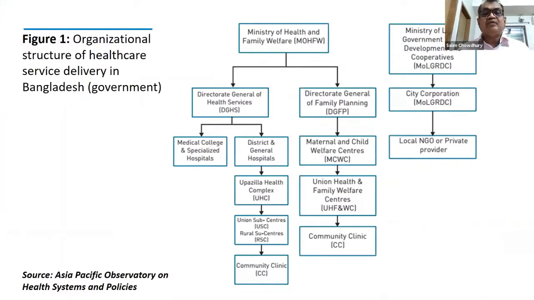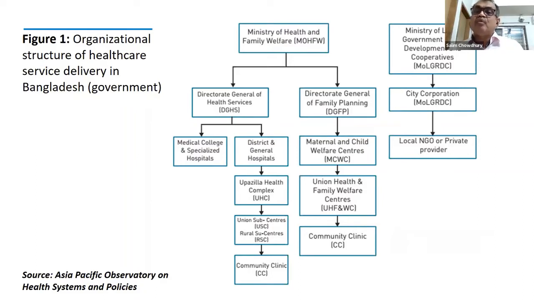In this slide, you can see the organizational structure of healthcare service delivery in Bangladesh. Basically, it is the Ministry of Health and Family Welfare that is responsible for providing healthcare services in Bangladesh through two Directors General. One is the Director General of Health Services, the other is the Director General of Family Planning, and they have primary, secondary, and tertiary level healthcare facilities throughout the country.